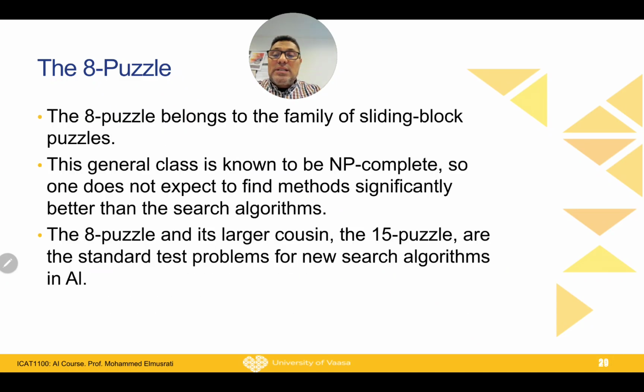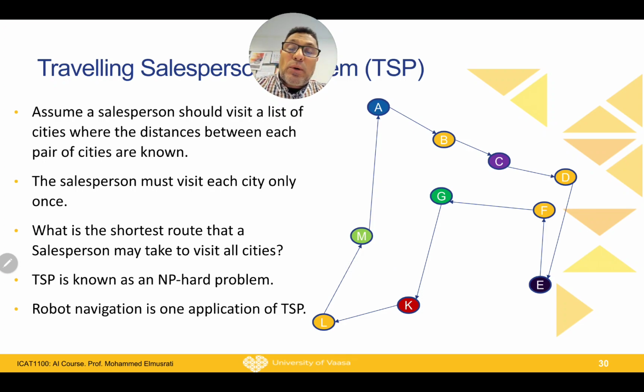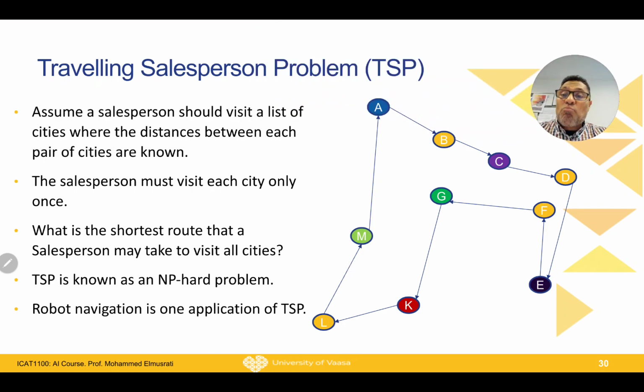What is next is almost the same as what I explained now. So you can see another problem. It is called the traveling salesman or salesperson problem, TSP. It is well known in computer science. It is a simulation where there is a salesperson who wants to sell stuff, and the idea is to start from a certain city A to the end city L, and those cities are well connected to each other.